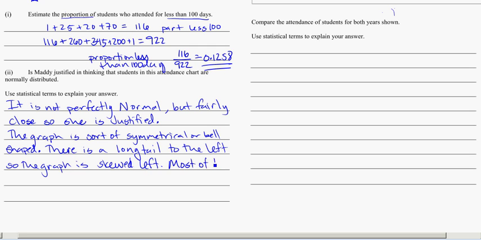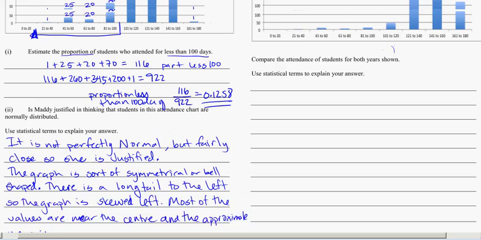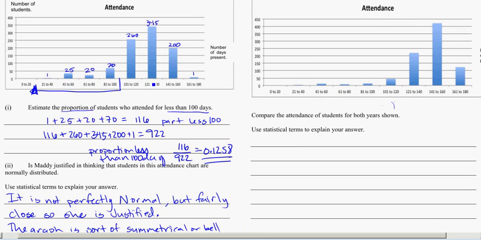Most of the values are near the center, and the approximate mean would be slightly near the middle where the peak is, and if you have extreme values that go off one way or the other, you skew it slightly towards that.